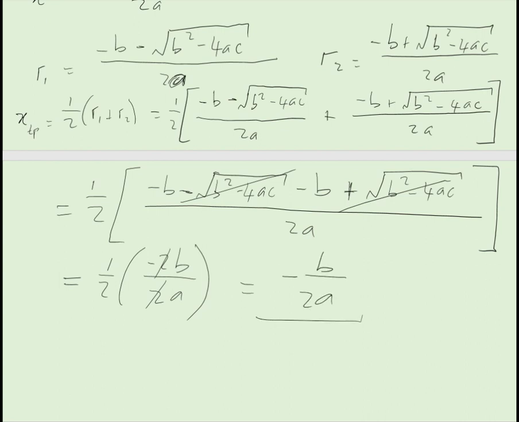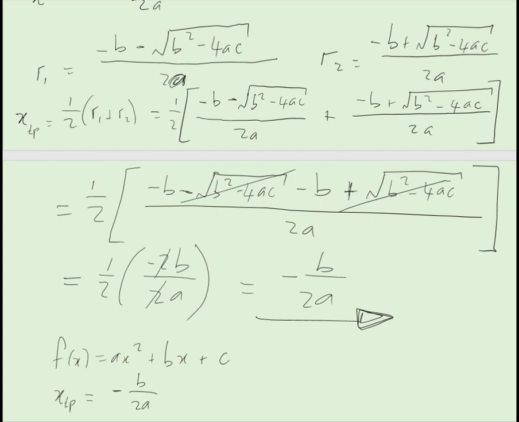And this is quite a remarkable result, because this is telling us that if you are given a function f of x equal to ax squared plus bx plus c, the axis of symmetry, or the x value of your turning point, can be immediately taken as negative b over 2a.